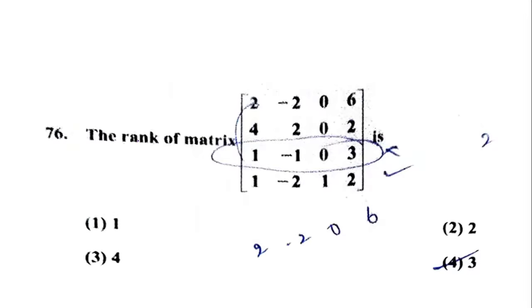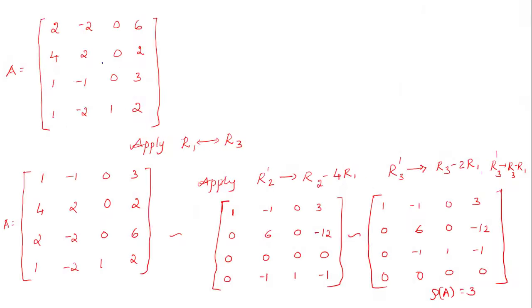Next, the rank of the matrix. I solved this. Apply R1 to R3, that means replace R1 by R3. We get A like this. Next, apply R2' = R2 minus 4R1, R3' = R3 minus 2R1, and R4' = R4 minus R1.